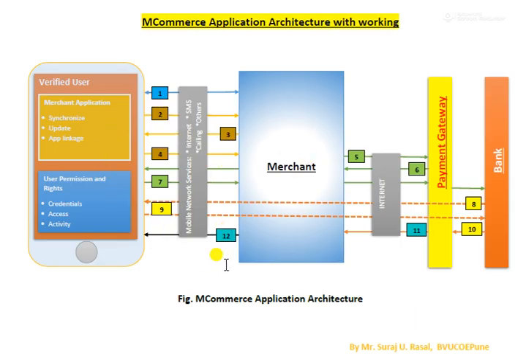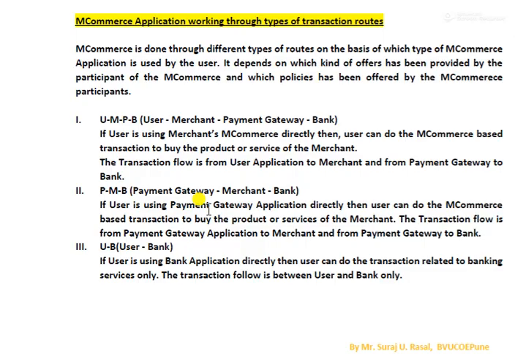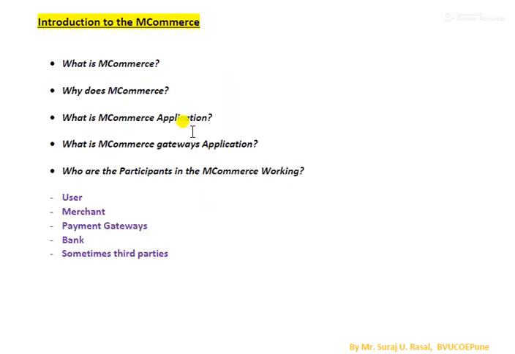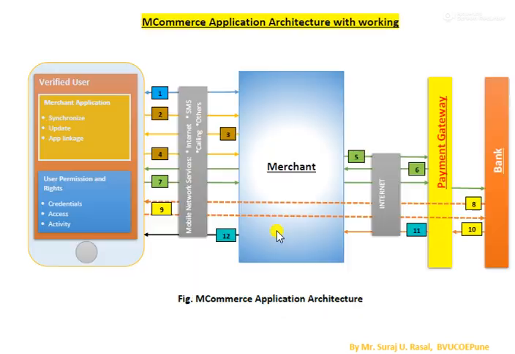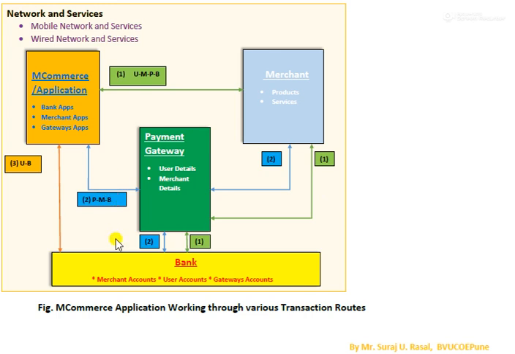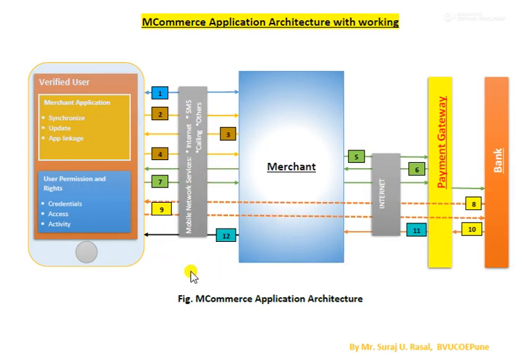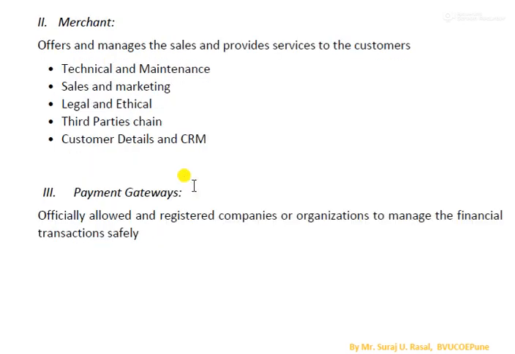While learning the working of m-commerce, first finish the previous session, the introduction to m-commerce. Then we saw how an m-commerce application works through types of transaction routes, and lastly the m-commerce application architecture. Try to go through both of the figures. So I hope you have understood m-commerce in detail.